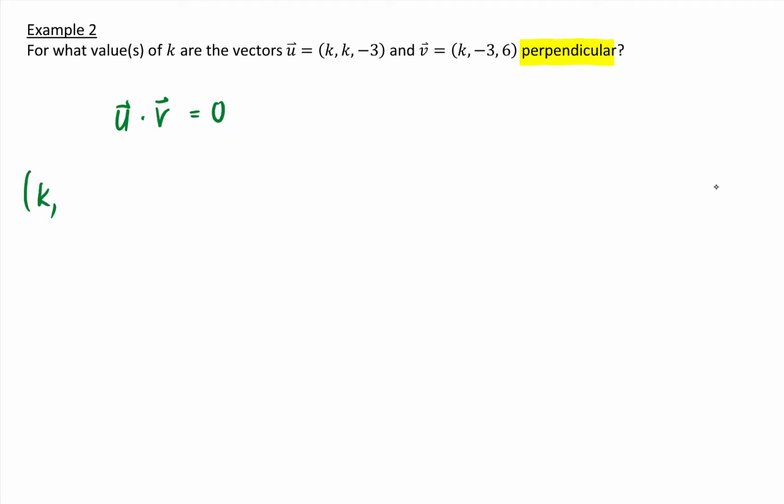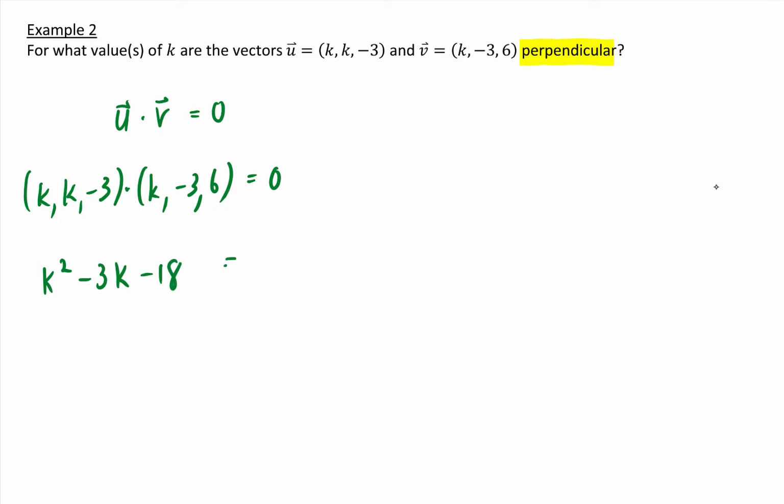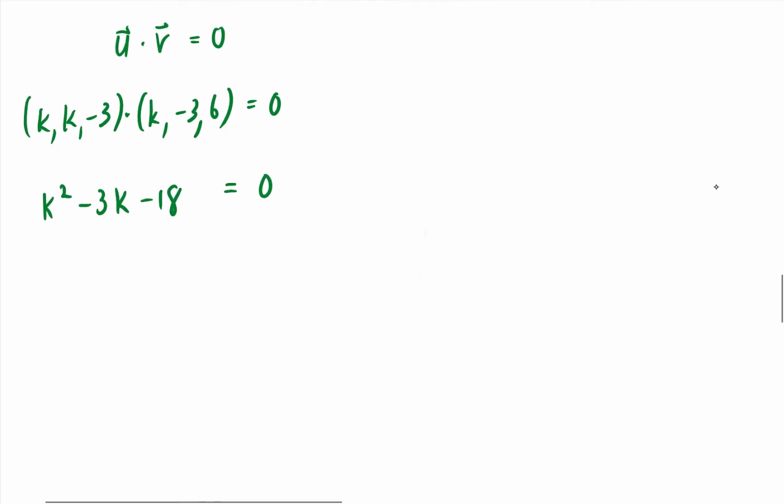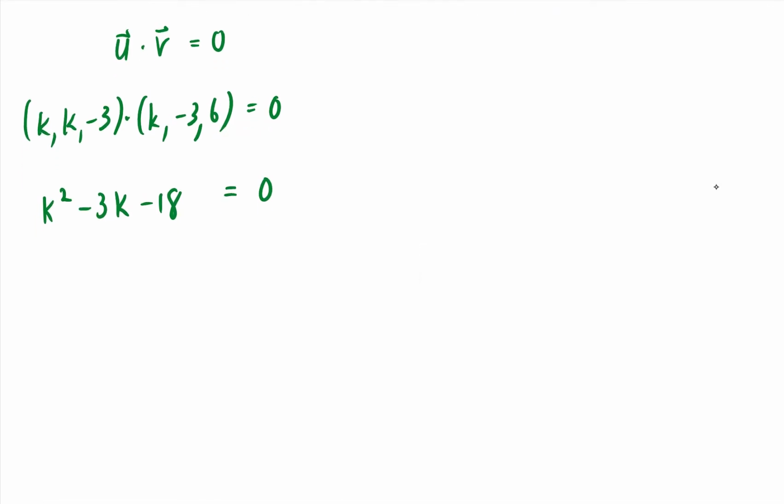So we have (k, -3, k) dotted with (k, -3, 6) equals 0. If we use our dot product, we're going to multiply the two x's together, so that's going to give me k squared. The two y's are going to give me -3k, and then minus 18 when we multiply the two z values. So we need to solve this quadratic when it equals 0.